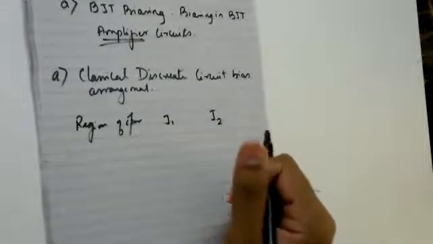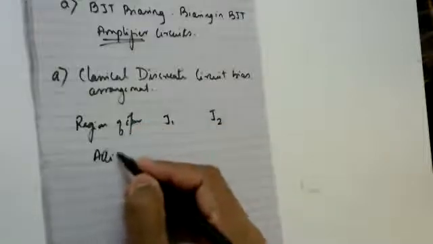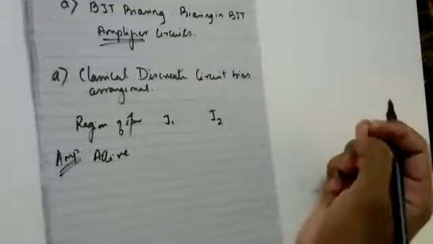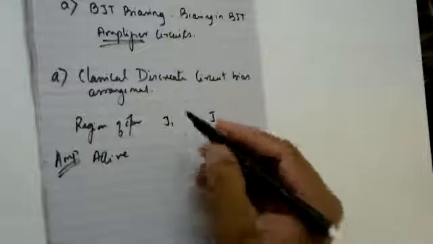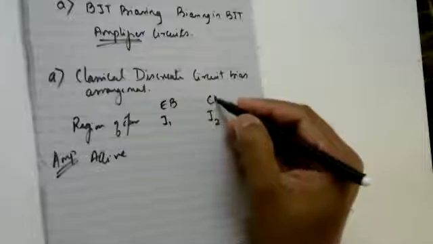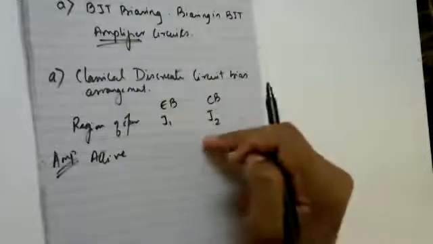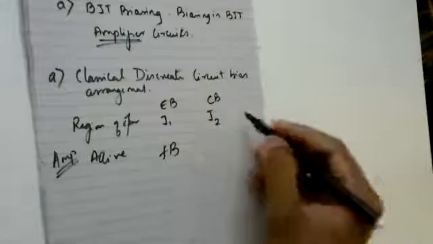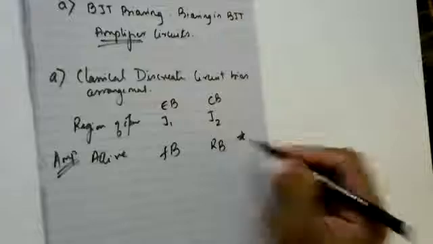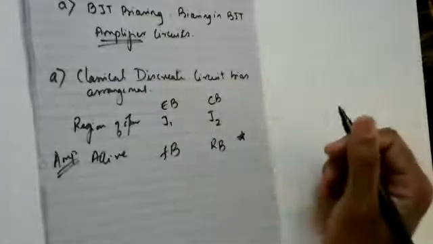If I want to operate my transistor in the active mode, which I'm going to do in the case of amplifying operation, in order to make my transistor work like an amplifier, then my junction J1, which is the emitter base junction, and junction J2, which is the collector base junction: my emitter base junction has to be forward biased, and the collector base junction has to be reverse biased.